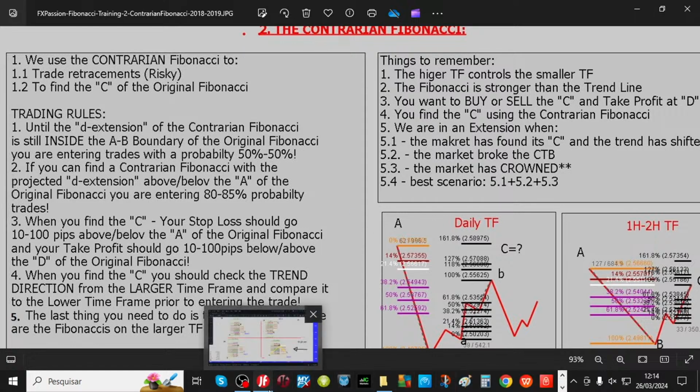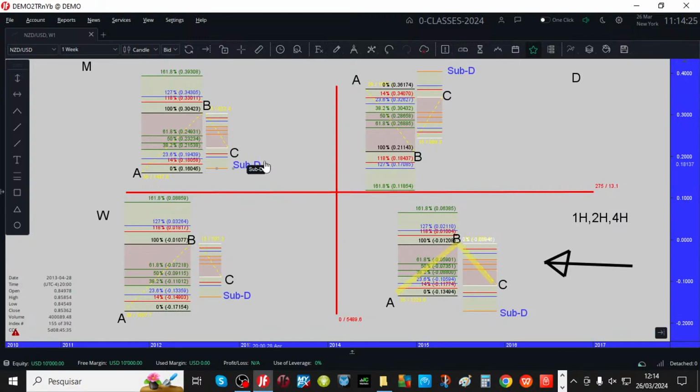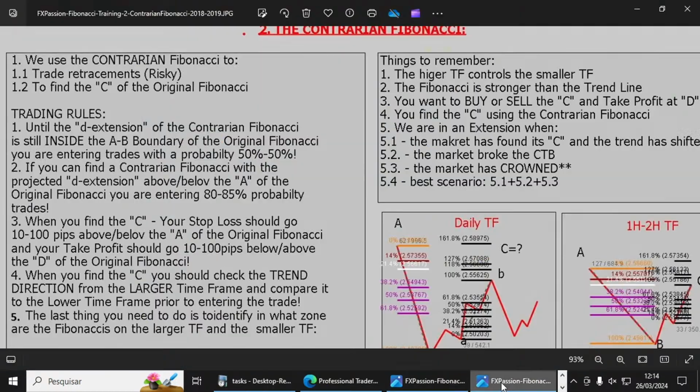So if you choose, you can trade retracement too, the sub A, sub B. You can trade the retracement on the weekly if you want, on the daily if you want, or on the 1 hour, 2 hour, 4 hour chart, because we use the Contrarian Fibonacci to trade retracements. And even better, we are using the Contrarian to find the capital C, to confirm the C.